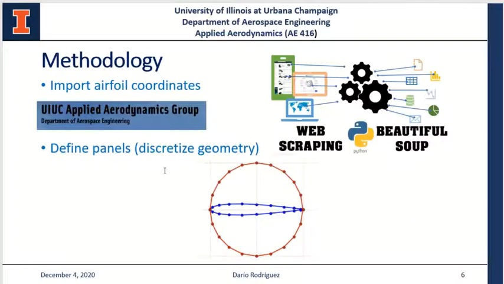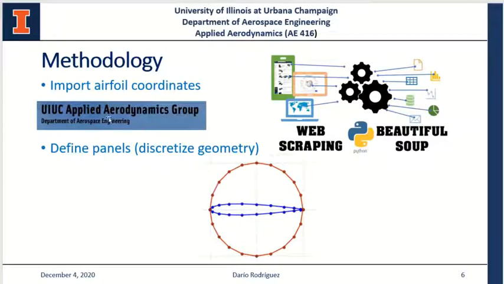So what about the methodology that I employed? First of all, what I did is to import the coordinates of the airfoil that I want to simulate. And how I did this is basically using the BeautifulSoup library from Python, which allows me to get documents from the internet through web scraping.